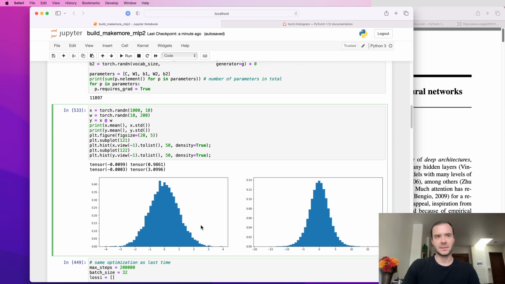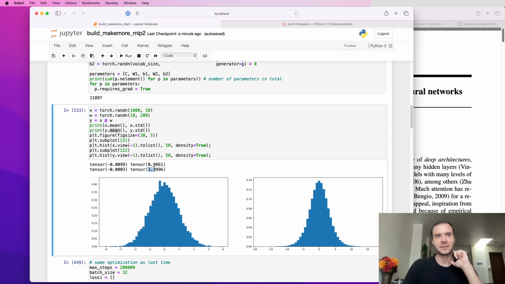So in the beginning here, the input is just a normal Gaussian distribution, mean 0, and the standard deviation is 1. And the standard deviation, again, is just a measure of the spread of the Gaussian. But then once we multiply here and we look at the histogram of y, we see that the mean, of course, stays the same. It's about 0, because this is a symmetric operation.